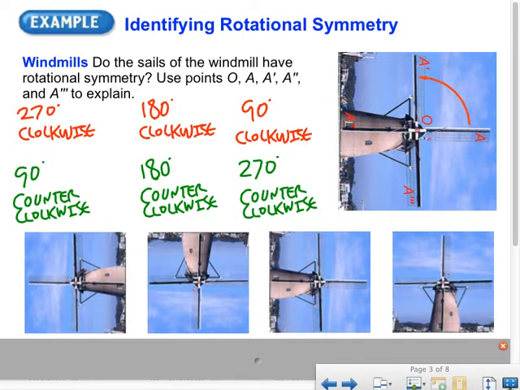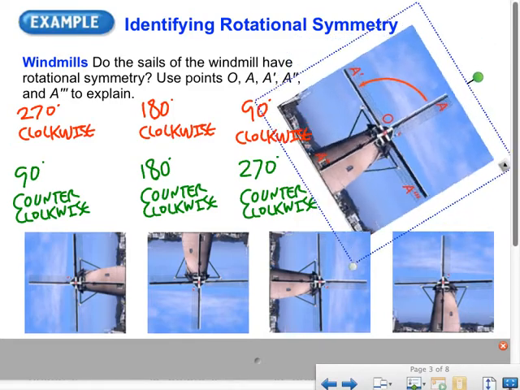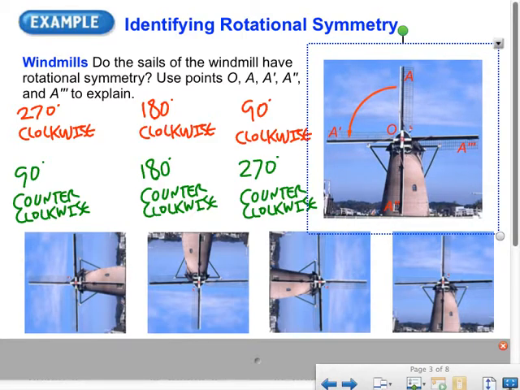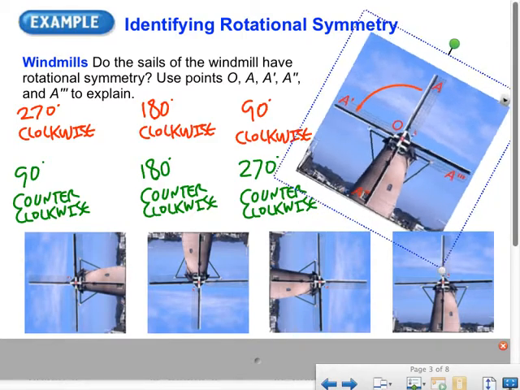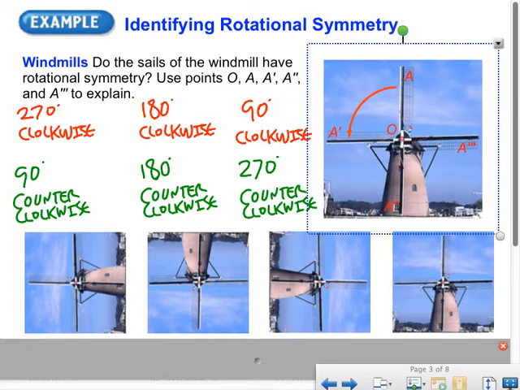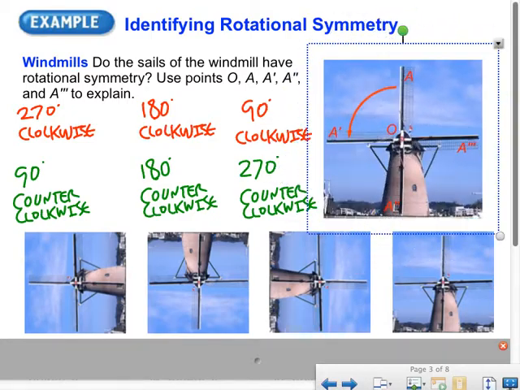Now, there's another rotational symmetry, or degrees of rotation. It's what takes us back to the original image. So to do a full turn clockwise is how many degrees? Okay? And if I go a full rotation counterclockwise, does that take me back to the original image?